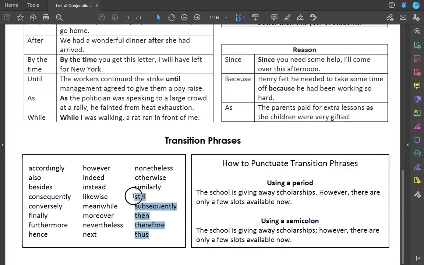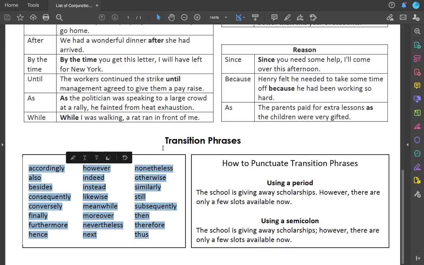Probably they have an equal number. In a technical sense, we also call these conjunctive adverbs. They are not exactly conjunctions, but they are connecting words. Conjunction is just a formal term we use to talk about connecting words.